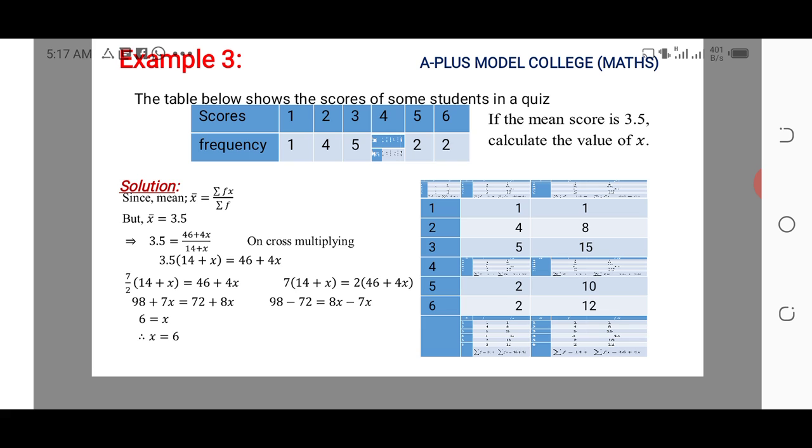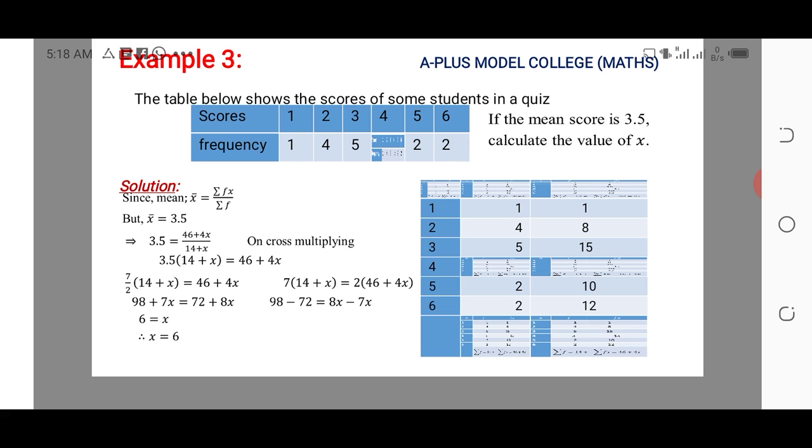So the next thing is also to create another table. The score is the first column, from 1 to 6 going down. If you cannot see very well, that's why I'm calling out each of them.